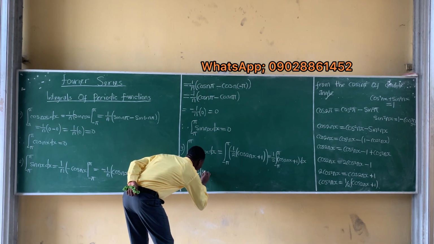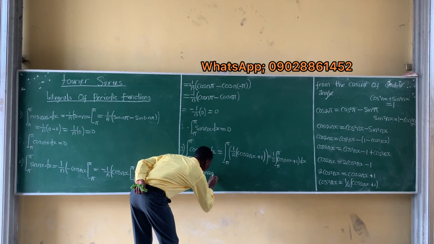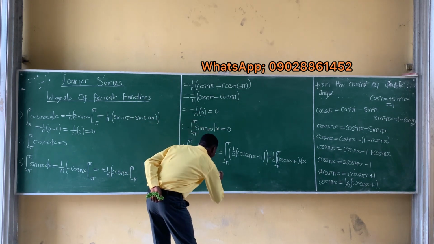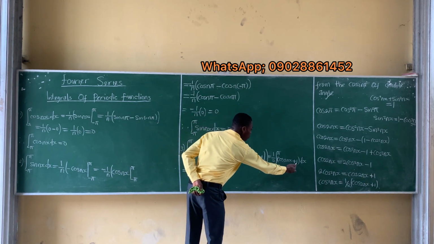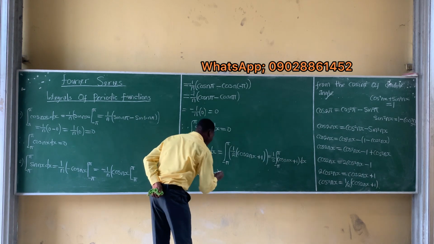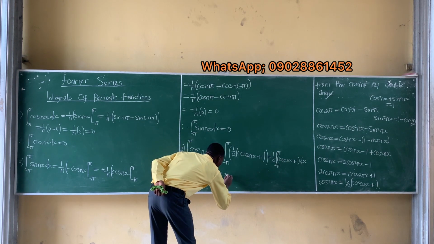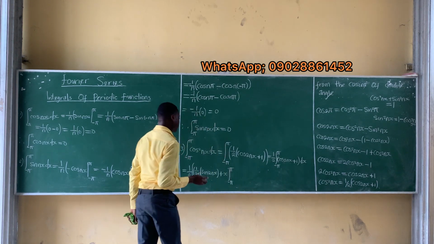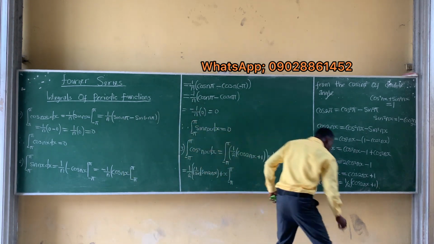So we have sine 2nx. Then also, if you integrate 1 with respect to x, you just have x. And don't forget to take your limit from minus pi to pi. All right, let's continue.